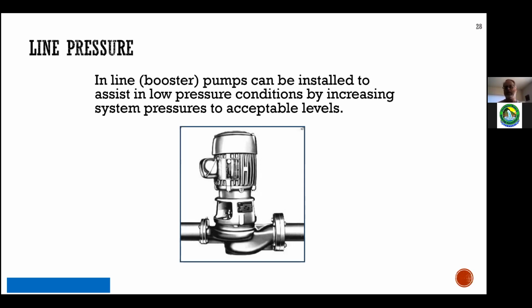And we do that in lots of locations where, in fact, there are elevation changes just even within a neighborhood. They may be very small inline boosters, or they may be large turbine style pumps to pump to another reservoir to create elevation that way.